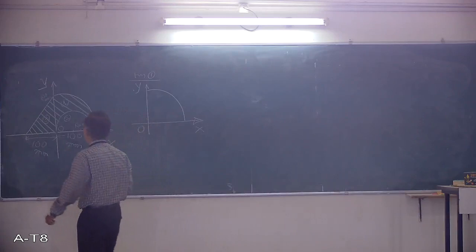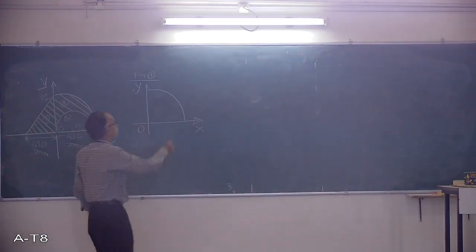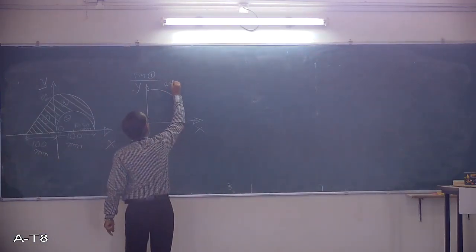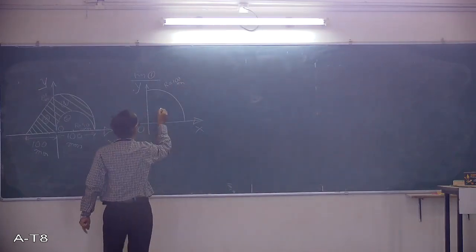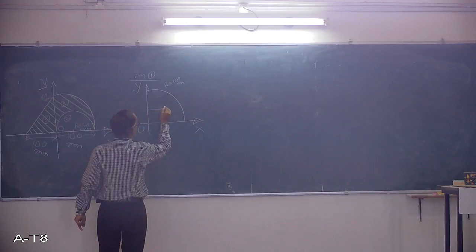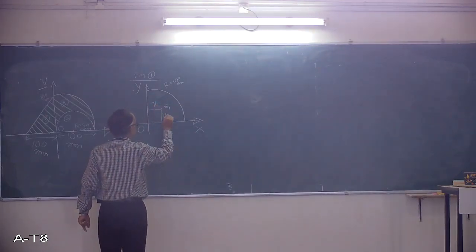I told you the quarter circle's radius is r, 100, that I mark here. The origin point, I told you the centroid will be at this point. So this is x1 and this is y1.